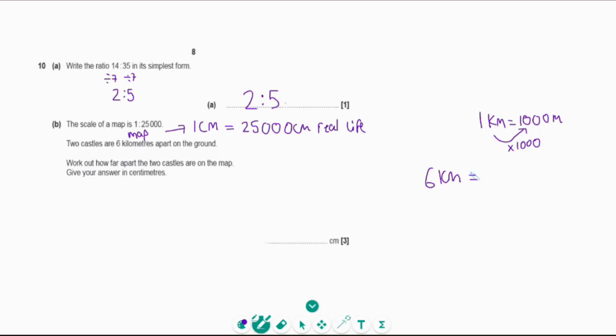So 6 kilometres times 1,000 is 6,000 metres. I also know 1 metre is equal to 100 centimetres. If I multiply 6,000 by 100, I'll then convert it into centimetres. So we've got 600,000 centimetres.